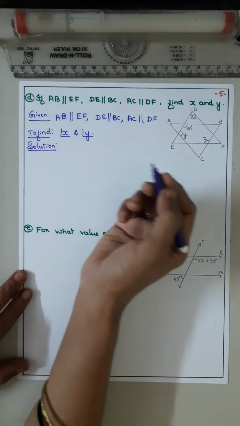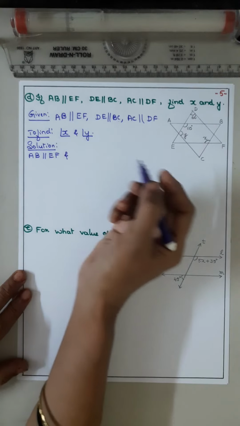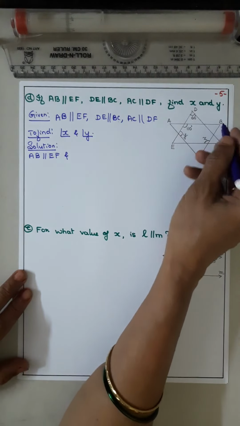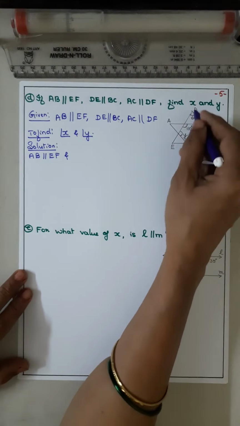First we'll take AB parallel to EF, and DE is the transversal.